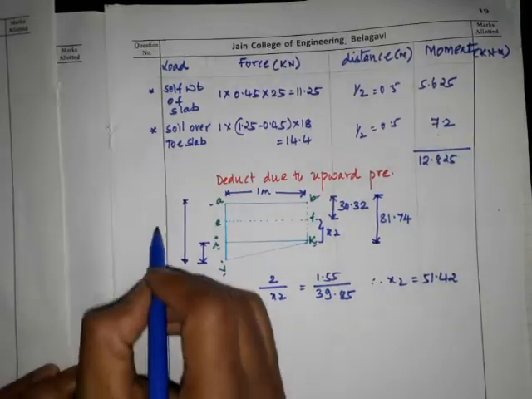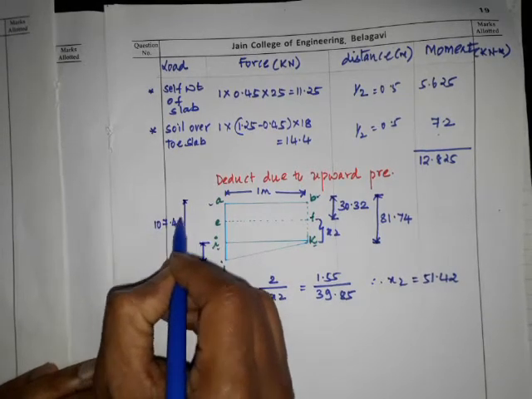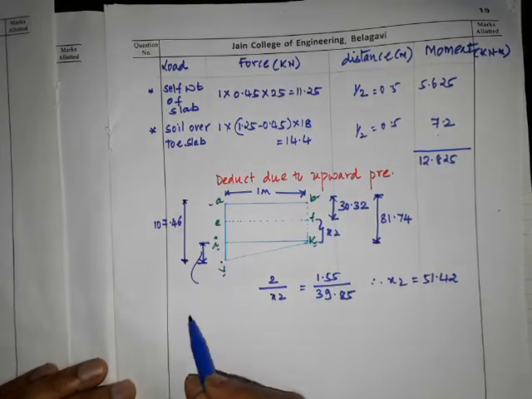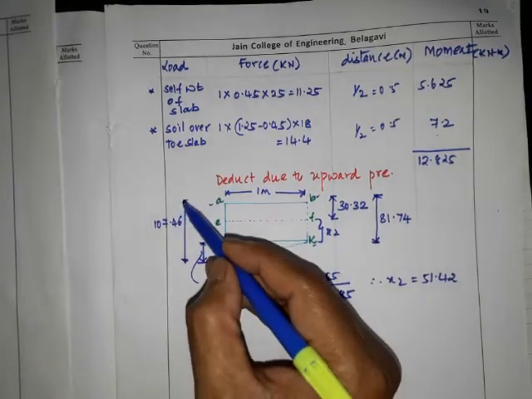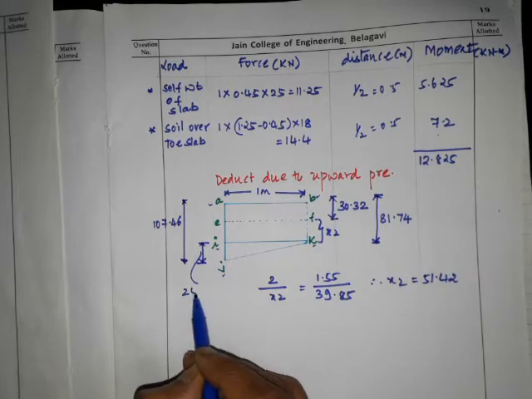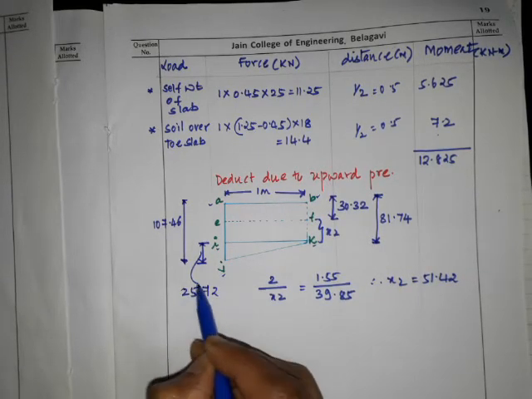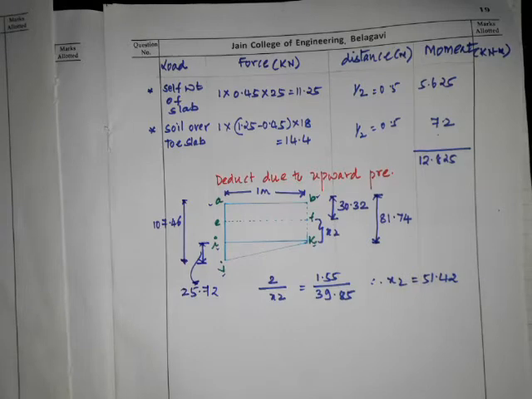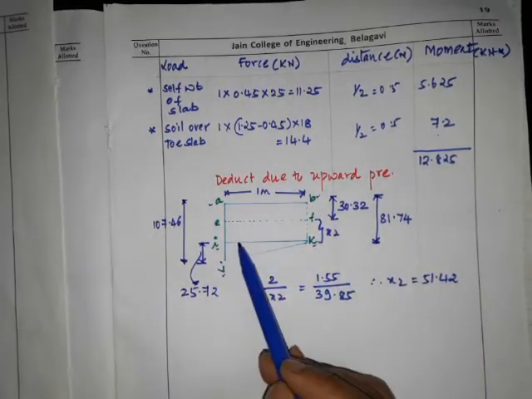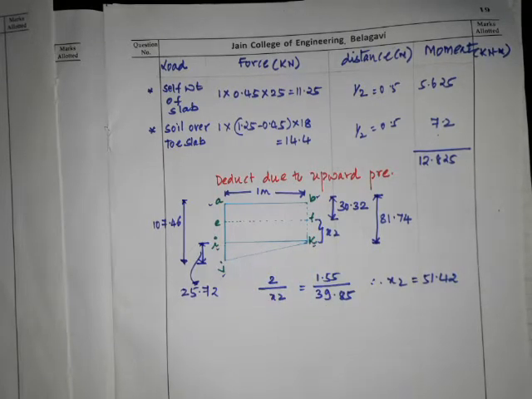This total is 107.46. So I know this 81.74, so I can easily find this, that is 107.46 minus 81.74, so we get this height as 25.72. Understood? So the rectangular size is 1 meter by 81.74, and the triangular is 1 meter by 25.72.